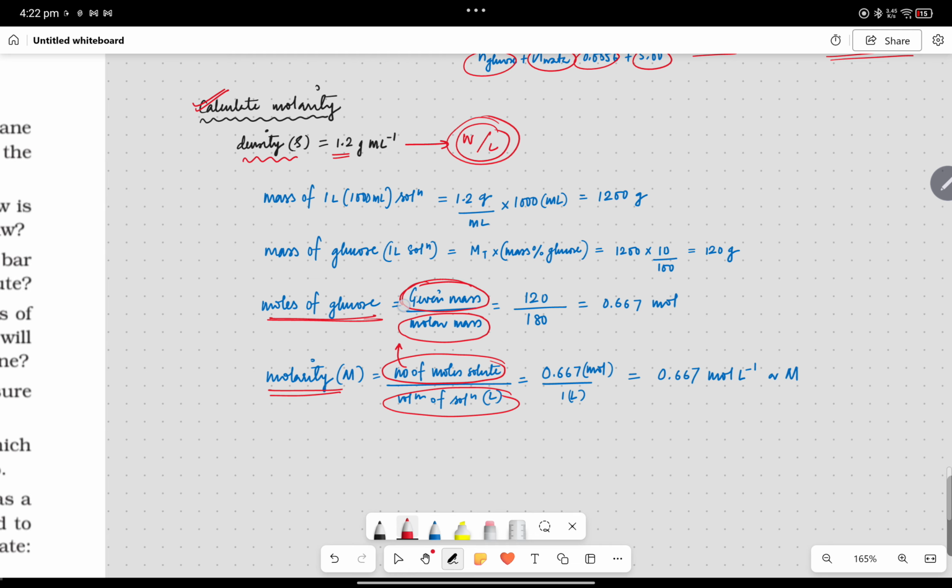So for the number of moles of glucose calculation, you need the mass of glucose that is present here, right? And we are going to do all these things in liter, so that it is convenient for you while calculating. So the mass of the glucose in 1 liter of solution: first of all we have to calculate the total mass, and for mass of glucose we need the total mass into the mass percent of glucose.